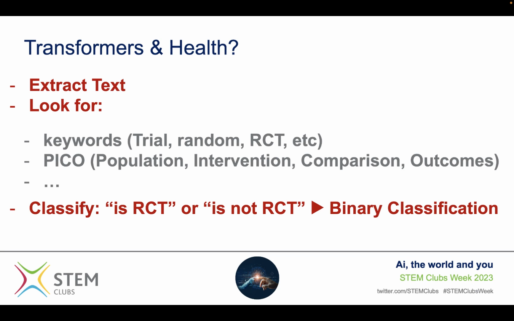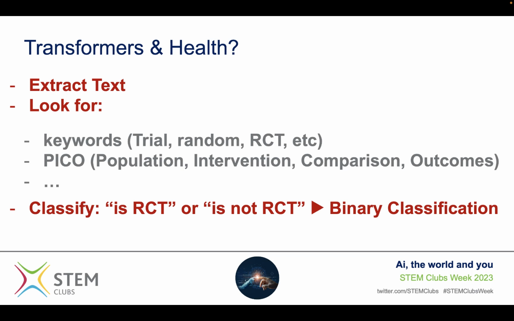Similarly, all RCTs have a particular structure to them, which is called PICO: Population, Intervention, Comparison, and Outcomes. Like, what are the study groups, how many groups, what's the population of a study, what's the intervention, what treatment has been applied, for example, a new drug or a new vaccine. What's the comparison, like the control group?